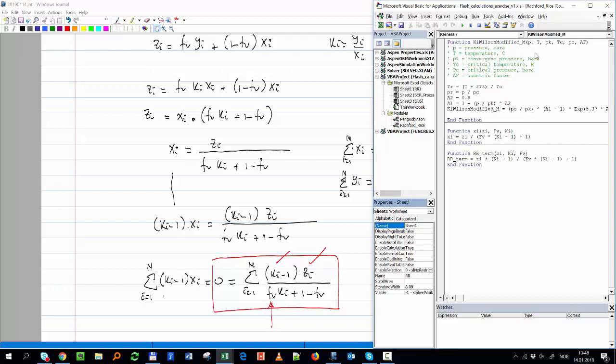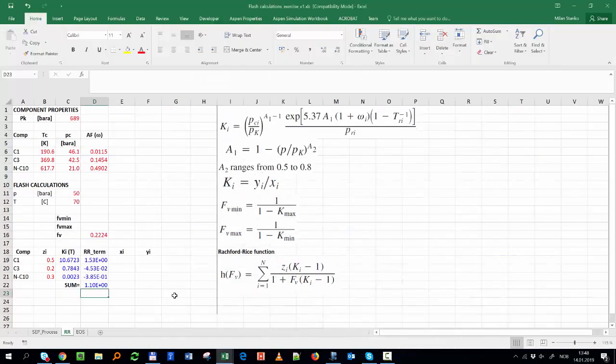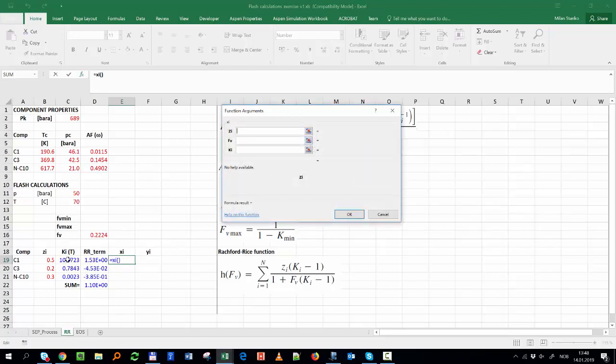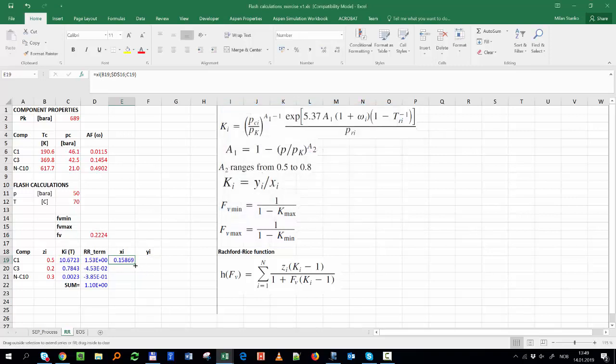Yeah, so that's the equation we need to calculate Xi. So let's use that equation. Xi: Zi is here. Fv I have to block. And Ki is this one. I'm going to bring it down.